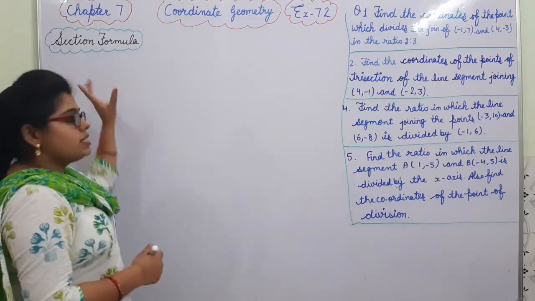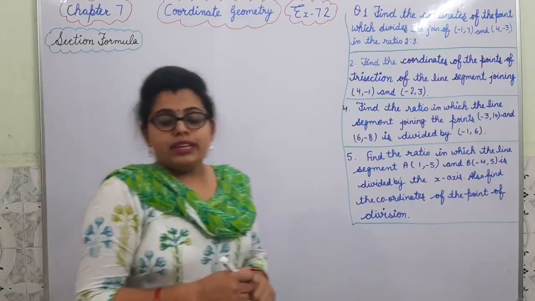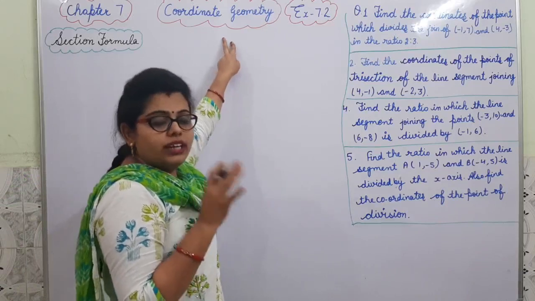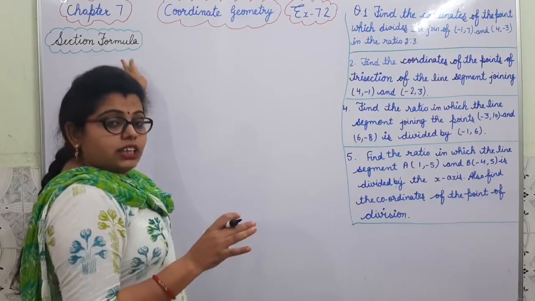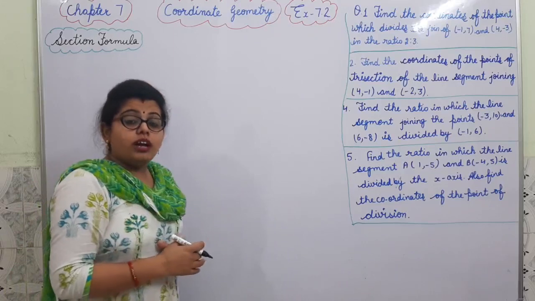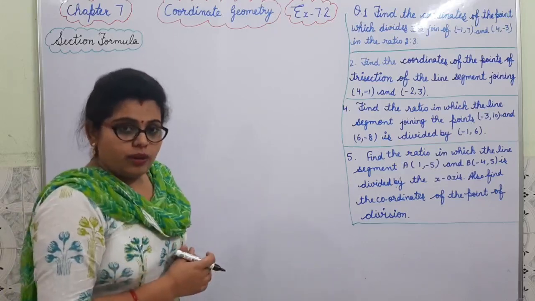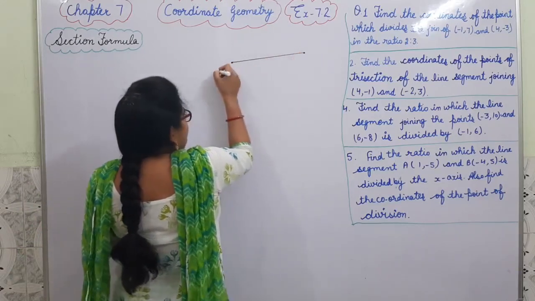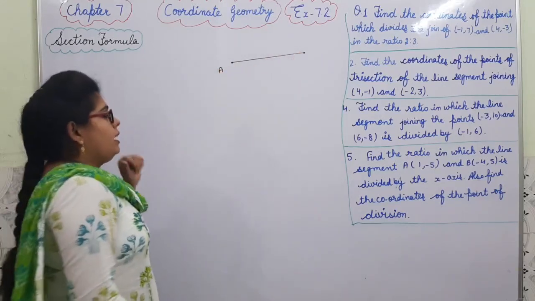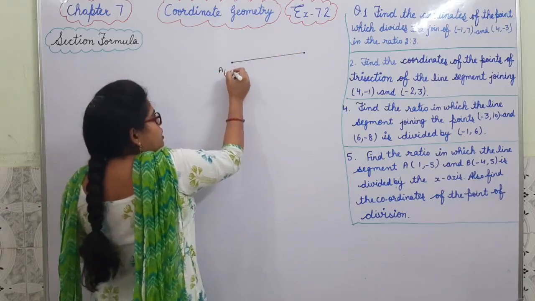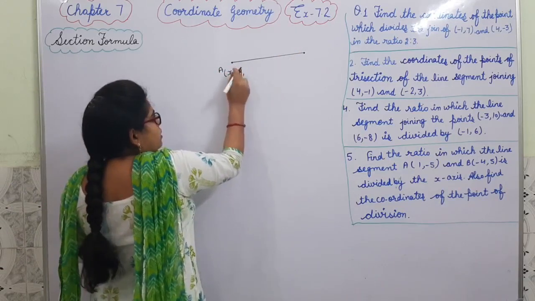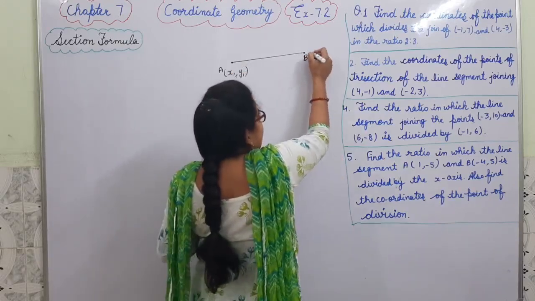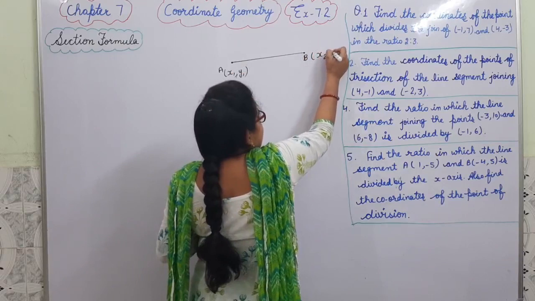What will we study in today's class? We will study the section formula. We are studying the coordinate geometry chapter, and in this we will study the section formula. What is the section formula? Dear students, if the coordinates of 2 points are given, let A be a point with coordinates x1, y1, and B be another point with coordinates x2, y2.